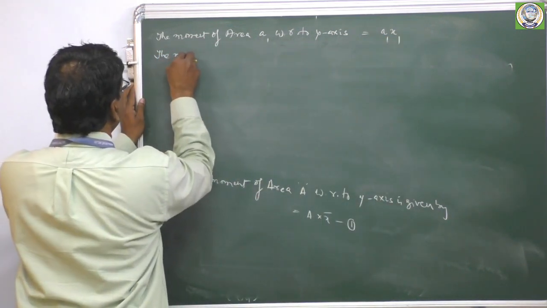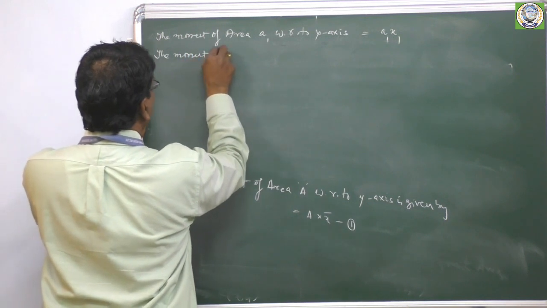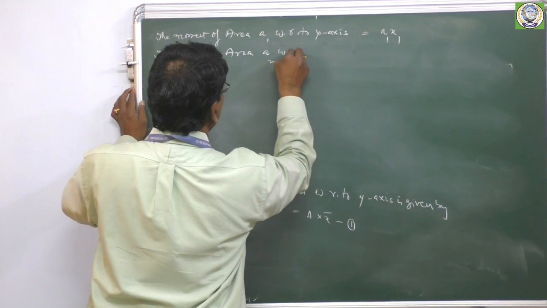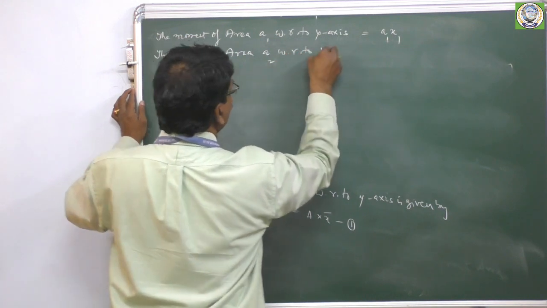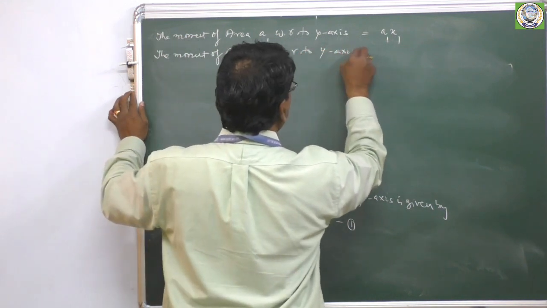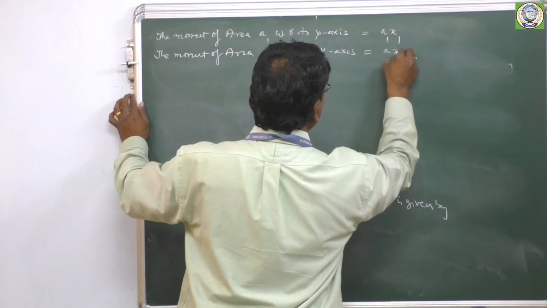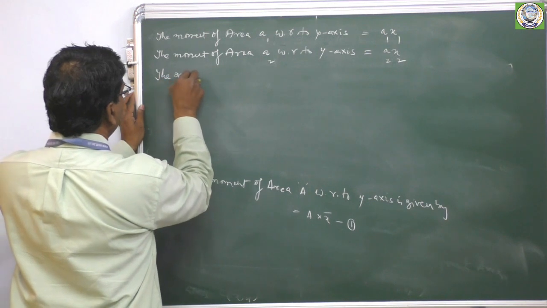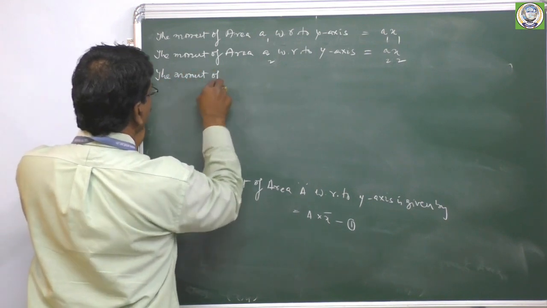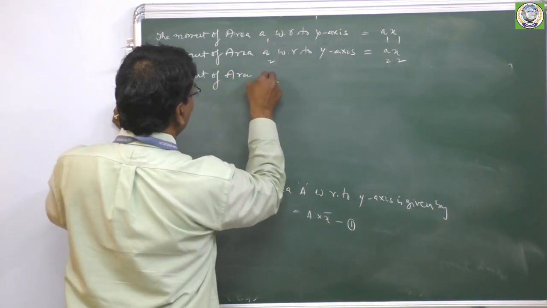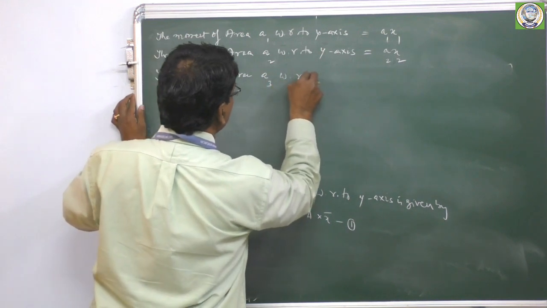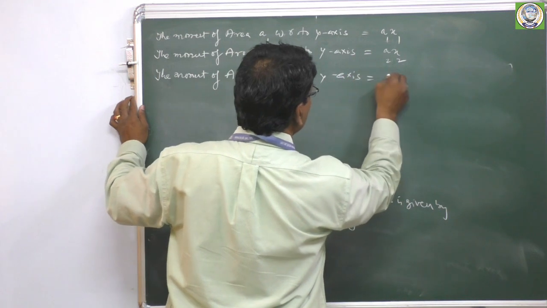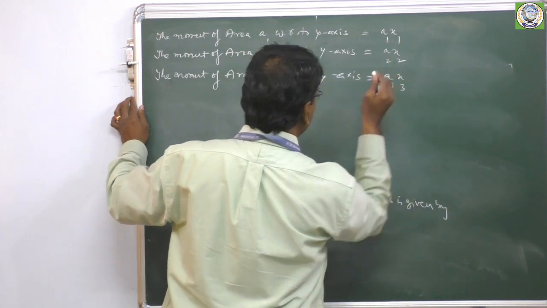The moment of area A2 with respect to y-axis is equal to A2 x2. The moment of area A3 with respect to y-axis can be written as A3 x3, and so on.